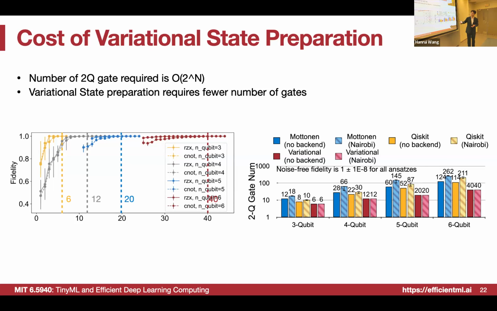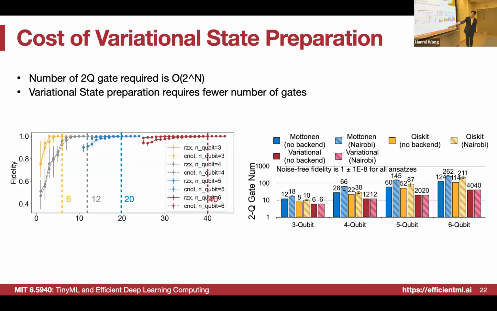Typically the number of gates we have to use, especially 2-qubit gates, is 2 to the power of n. Say you have 6 qubits and you want to prepare an arbitrary state; you need to use 2 to the power of 6 gates. So to faithfully cover all the space, you have to use a large number of 2-qubit gates.